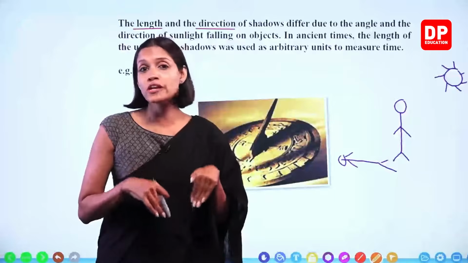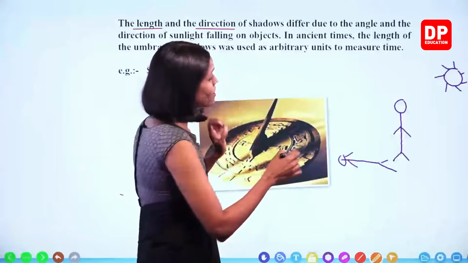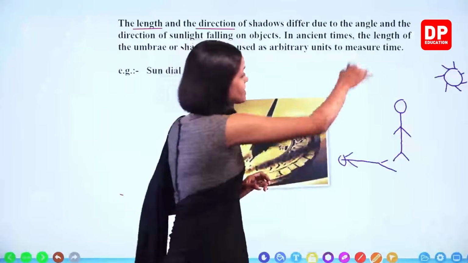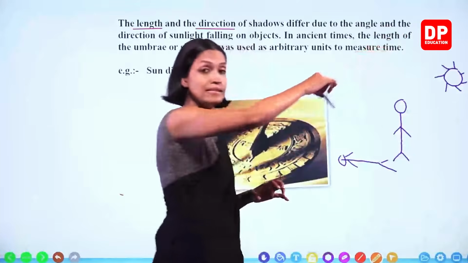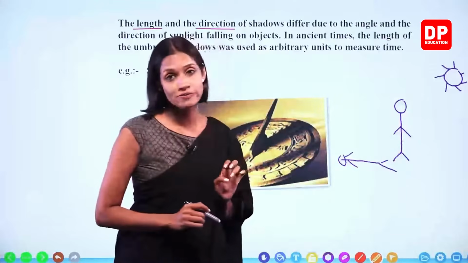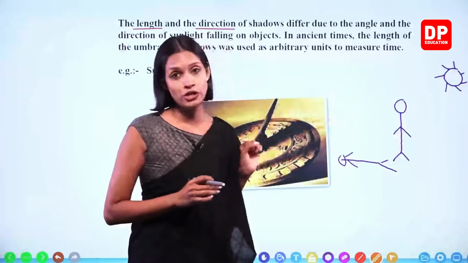Your shadow is very short. What is the reason, children? When you go out at noon, the sun is present overhead. Right? The sun is present overhead. Therefore, because of the angle at which you get the sunlight, the shadow formed is very short. Right? You could observe the shortest shadow at noon.